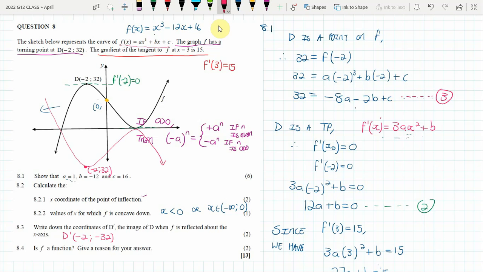Now, if this pink curve is a reflection of f, how can we write it in terms of f, since it represents all the points of f reflected about the x-axis? We can call the pink curve minus f. Yes, because all the f values, or in other words, all the y values, change sign to negative.